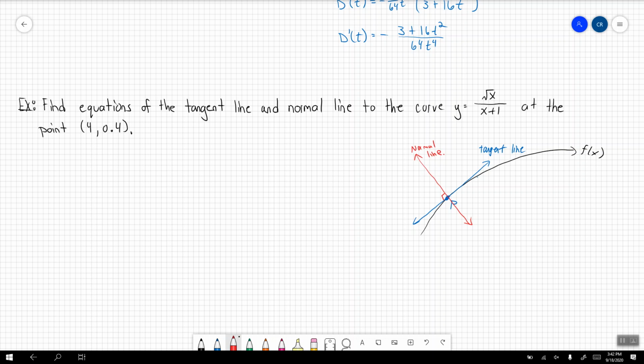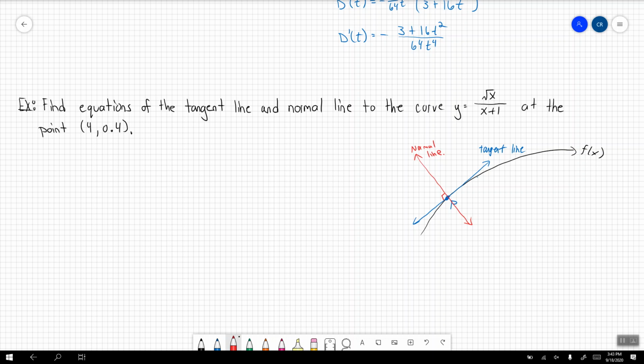Well, how are we going to do that? Once we find the equation of the tangent line, from algebra we know how to correlate two lines that are perpendicular to one another. The way we correlate them is with their slopes. Their slopes are negative reciprocals of one another. So we're going to keep that in mind, that if we can find the slope of the tangent line, then indirectly we have found the slope of the normal line as well. And so we want to work with that.